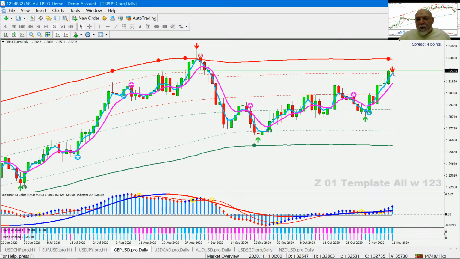Okay, so tomorrow morning, GBP USD is something that we need to focus on. All right, tomorrow morning it'll be the focus on this. Do we have anything? Let's take a look at the 4 hour.